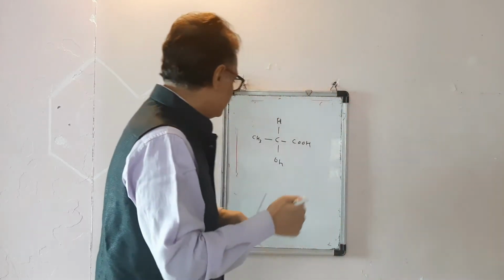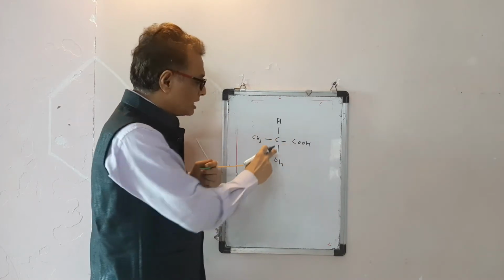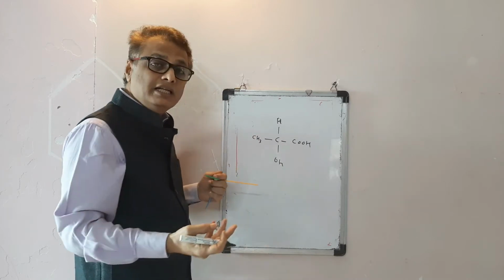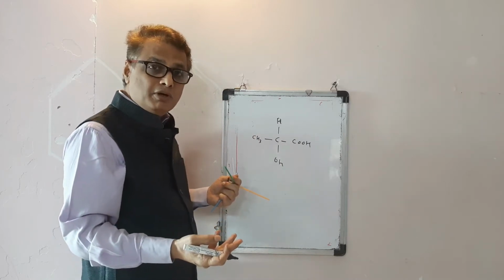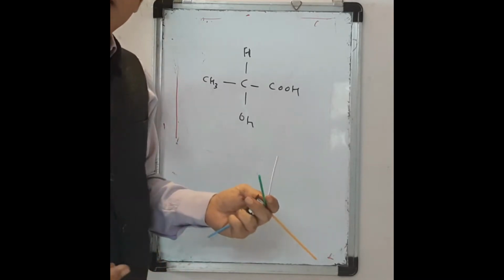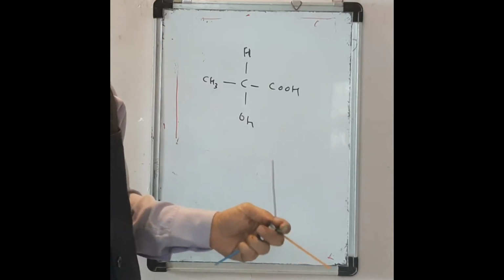So here we can say that this doesn't contain a proper rotation axis, because carbon is attached with 4 different atoms or groups. It doesn't contain a center of symmetry because the atoms are not in pairs in opposite directions. It doesn't contain a plane of symmetry or an improper rotation axis.